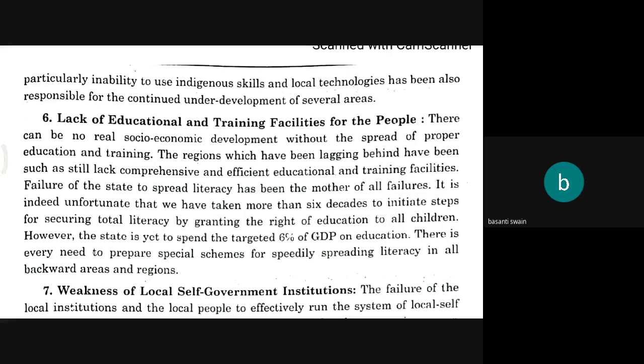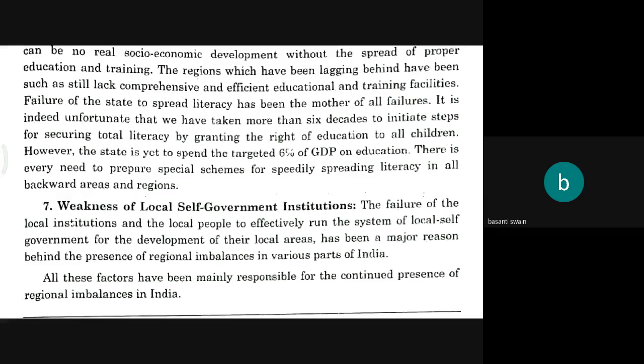So weakness of local self-government institutions is another factor that gives scope for regional imbalances. The failure of the local institutions and the local people to effectively run the system of local self-government for the development of their local areas has been a major reason behind the presence of regional imbalances in various parts of the world.